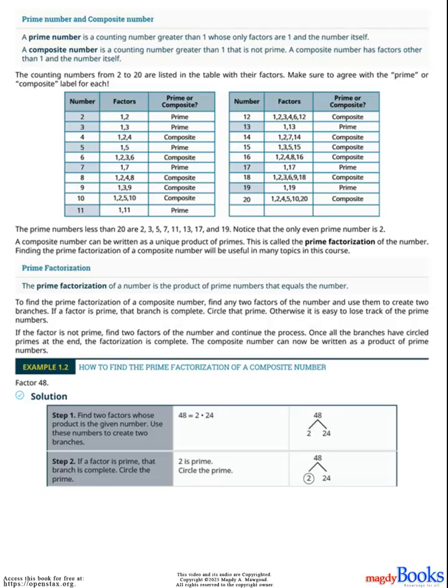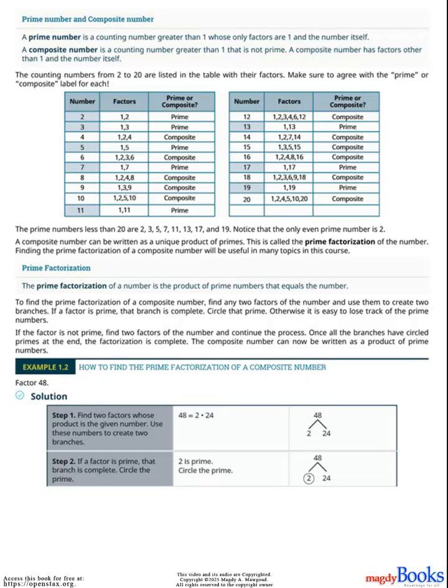Composite. 19. Factors 1, 19. Prime. 20. Factors 1, 2, 4, 5, 10, 20. Composite. The prime numbers less than 20 are 2, 3, 5, 7, 11, 13, 17, and 19.